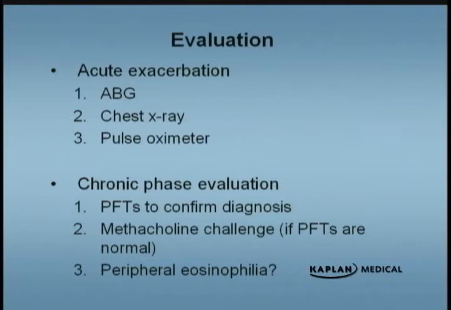But in the outpatient setting, in the chronic phase, when the patient has minimal symptoms or sometimes is totally asymptomatic, that evaluation changes. The focus is different. The first focus is to confirm the diagnosis of asthma. That's the most important thing. Please be careful when they tell you about a young patient that has episodic wheezing and cough.